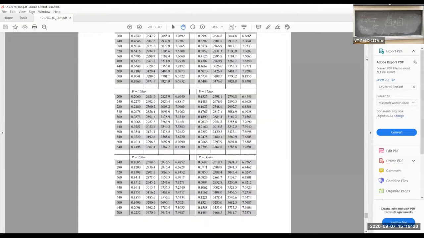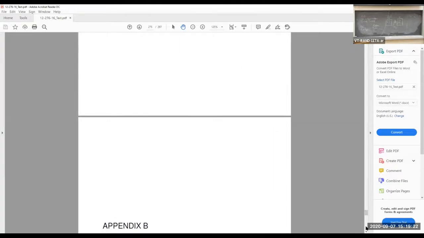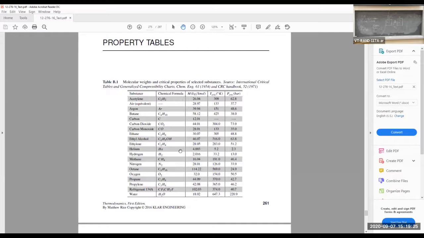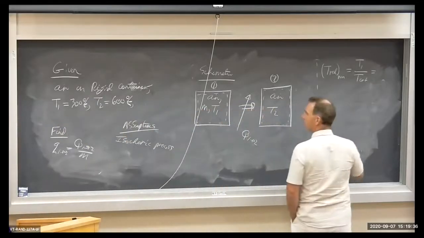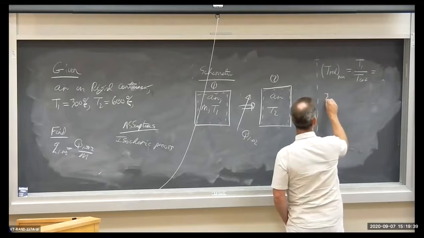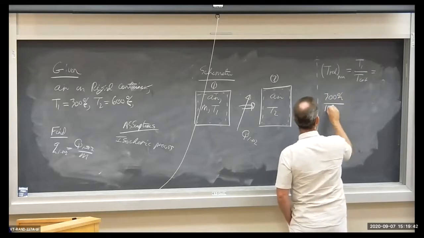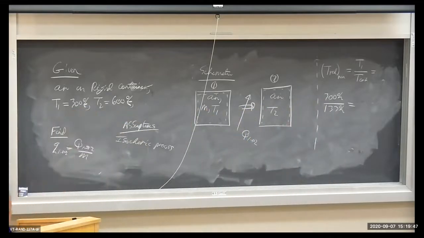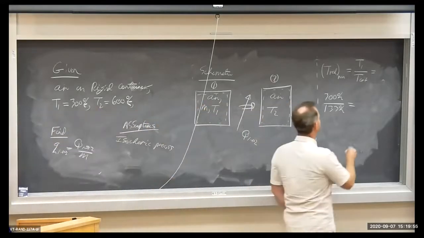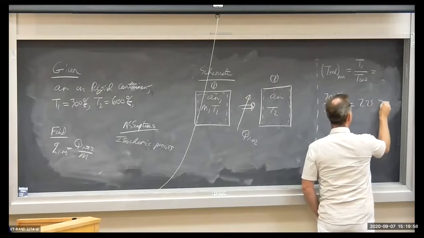Air, 133 Kelvin. So I have 300 Kelvin divided by 133 Kelvin, and that's about 2.25, which is greater than 2.